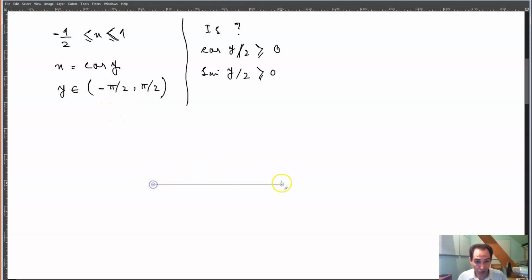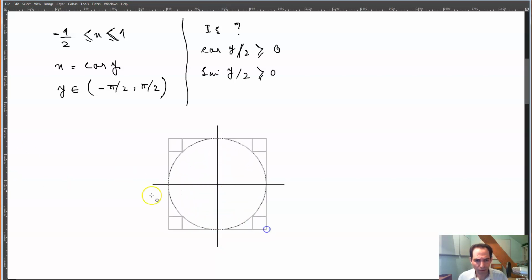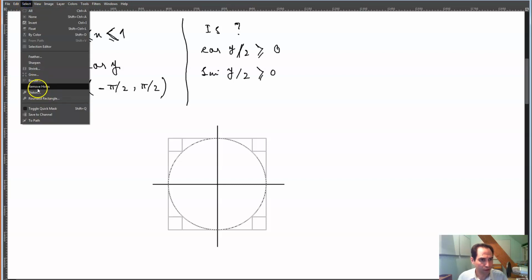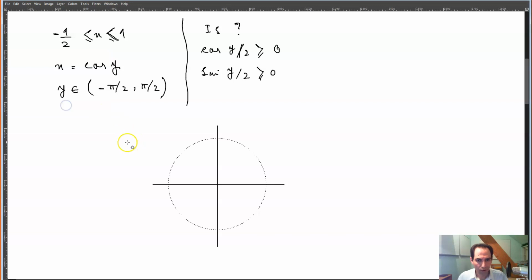So if I draw a unit circle over here, and suppose that this is your unit circle, and I do it clean and neat, now what happens is that x is equal to cos of y.